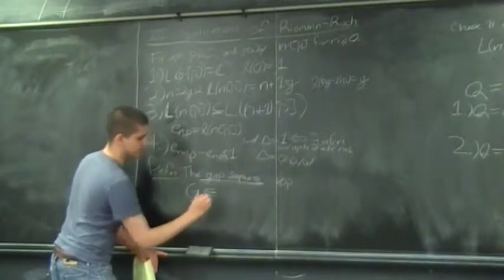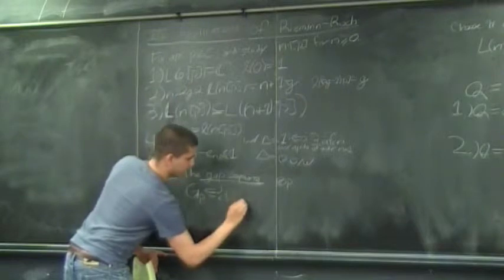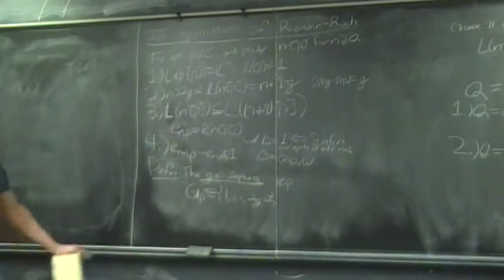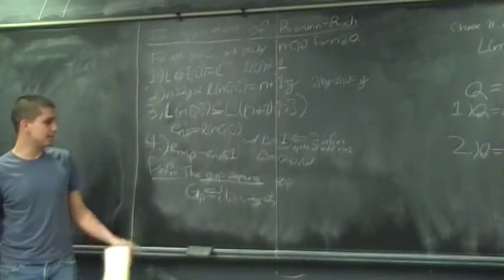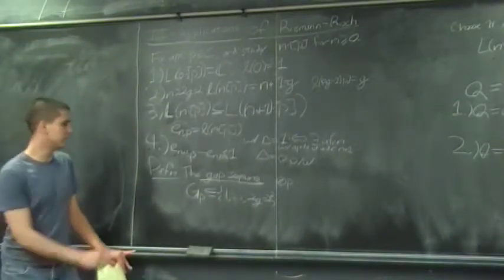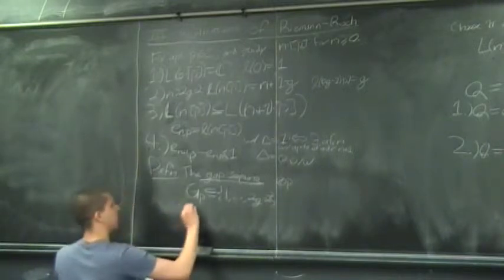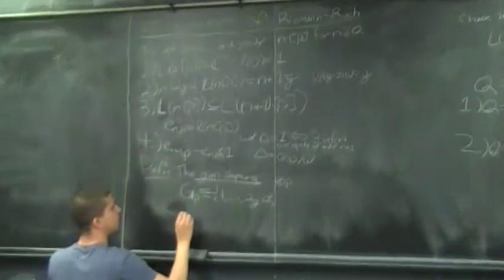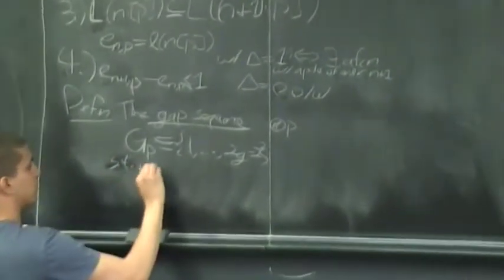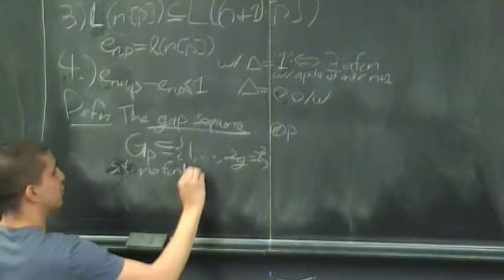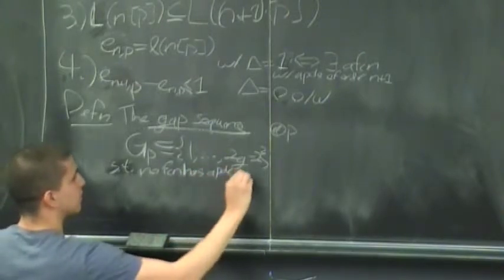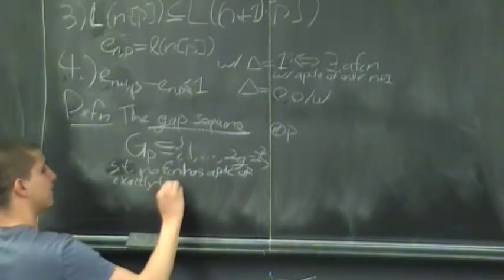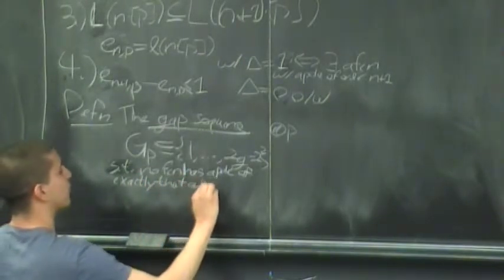It is the subset of the integers from 1 to 2g minus 2 such that no function has a pole of exactly that order.